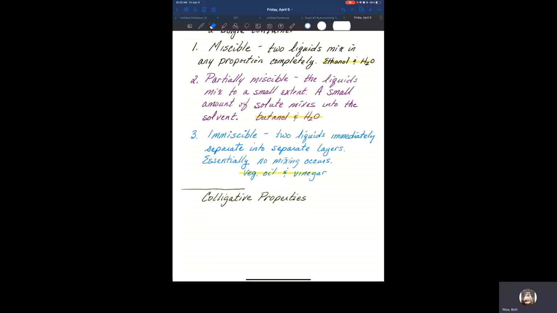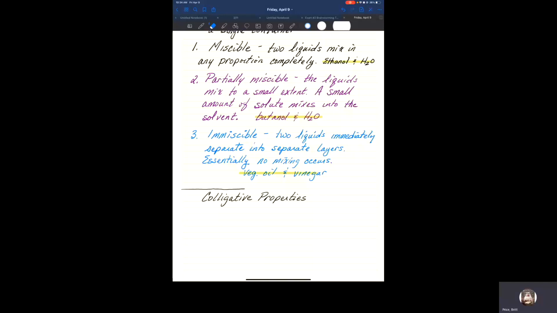Colligative properties are those properties that depend upon how many solute particles you have in solution rather than what you have in solution.